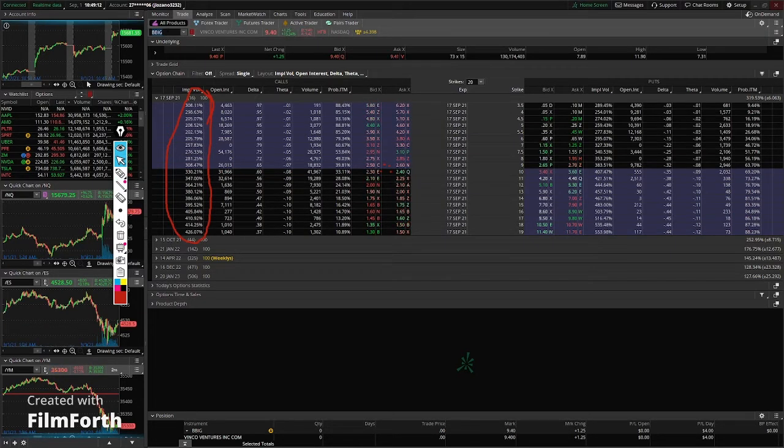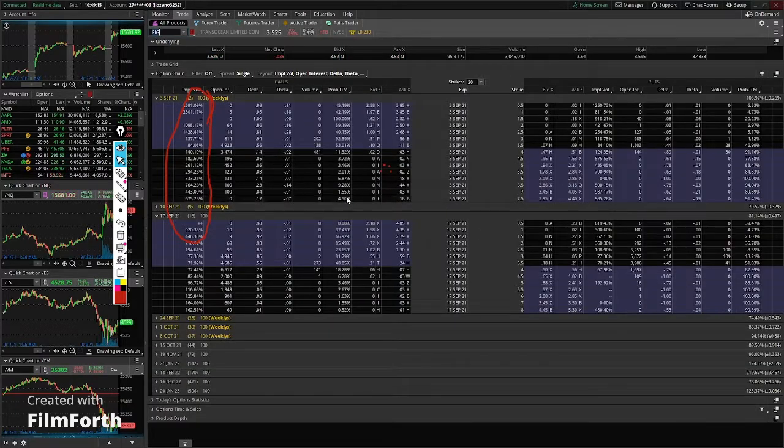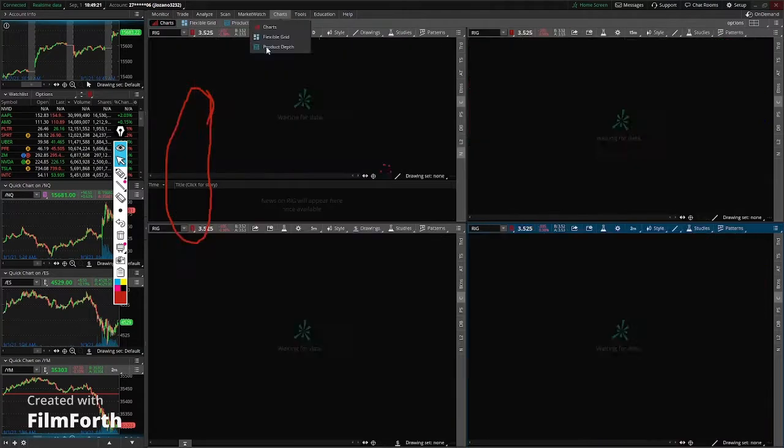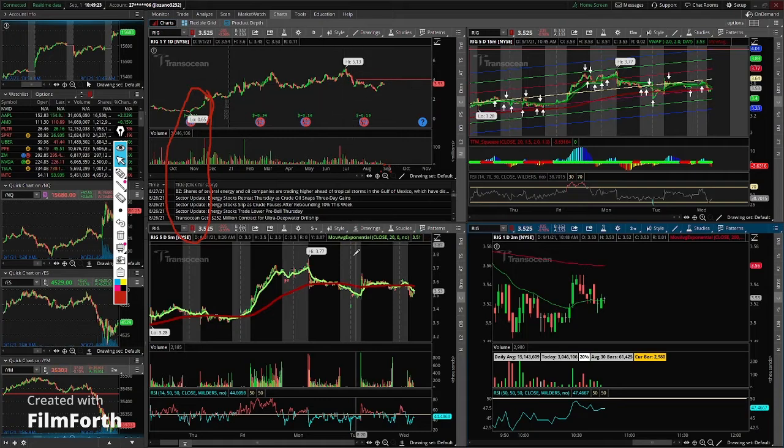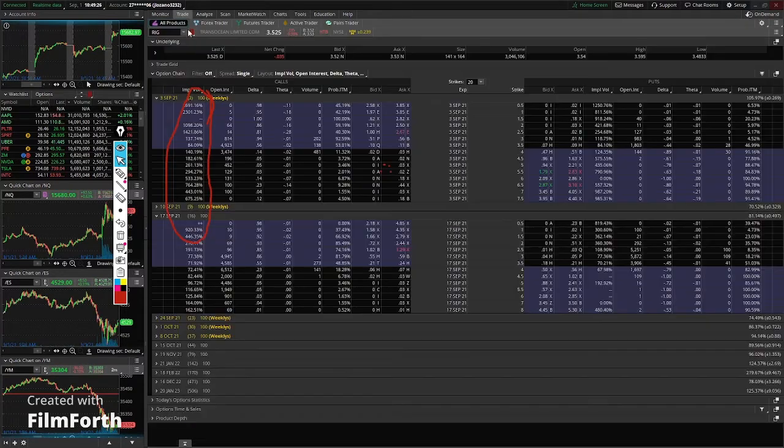Let me go to something like RIG. All right. RIG actually is not bad either. The implied volatility is kind of high on it. RIG is a shipping company. It's pretty much a useless stock. But here's a good example. You know, there's people that are in these contracts, and the spread is 0 to 3, 0 to 2, 0 to 18.